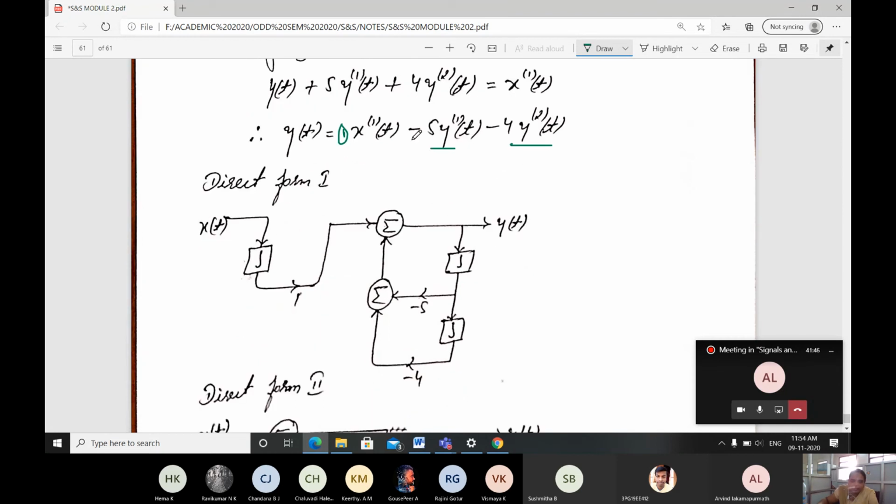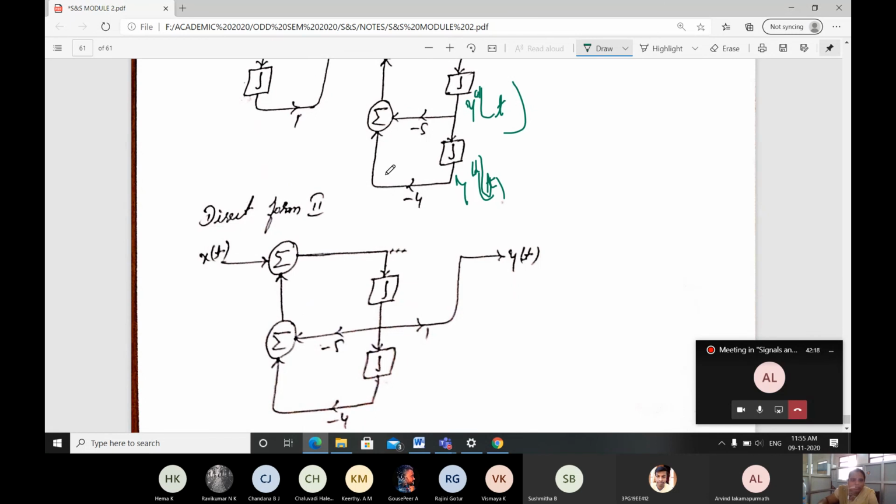So y of t integrated one time, then you will be getting y dash of t, or y 1 of t. Okay, what is the coefficient value? Minus 5, here minus 4, so from this you will be getting y2 of t. So minus 4 you will get. Then give the feedback and you will be getting your output y of t.